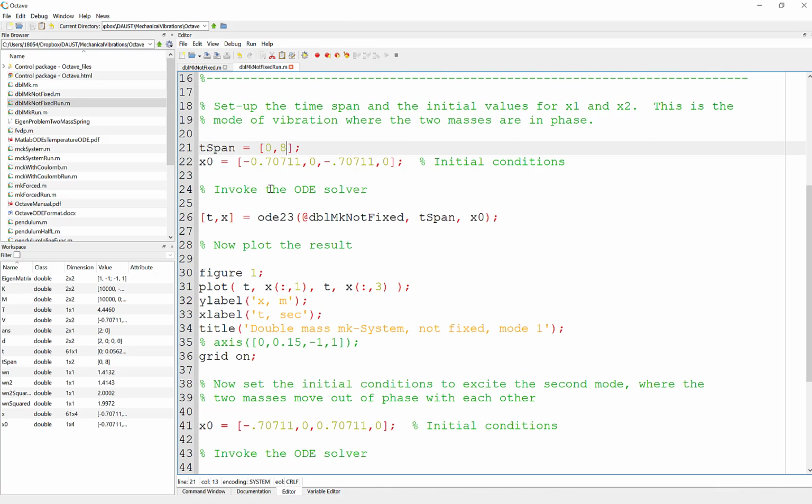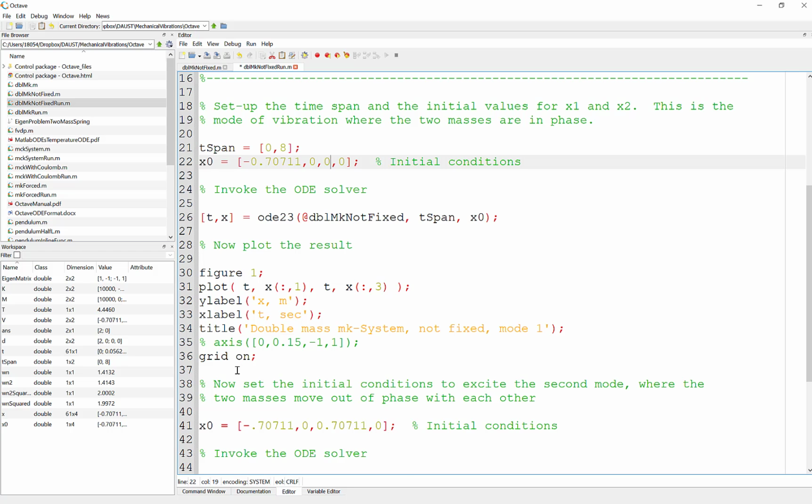We don't need to run it twice, because what I want to do is simply pull the left one off to the left by negative 0.70711, and I'll keep the right one fixed, so it's not going to move. So I actually have stretched the spring, but now it's not a mode shape, it's just some configuration that's not that mode.